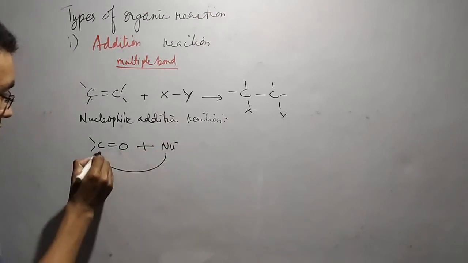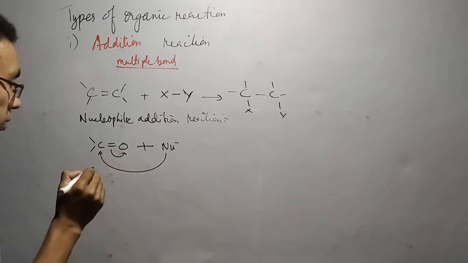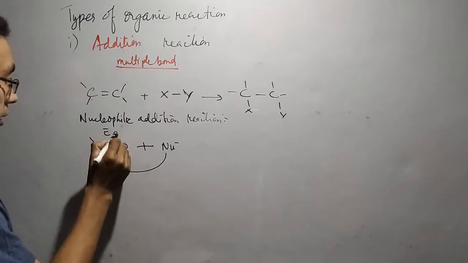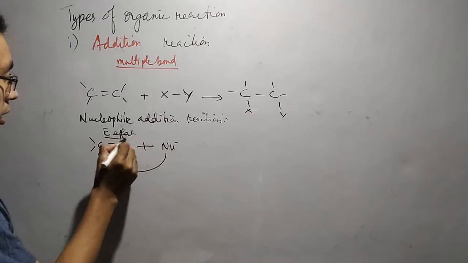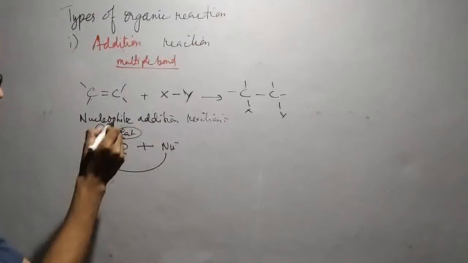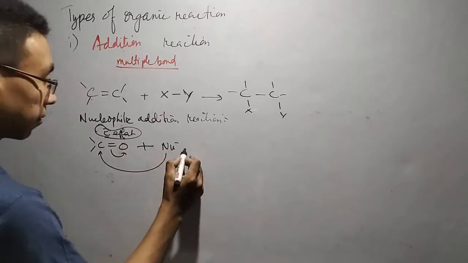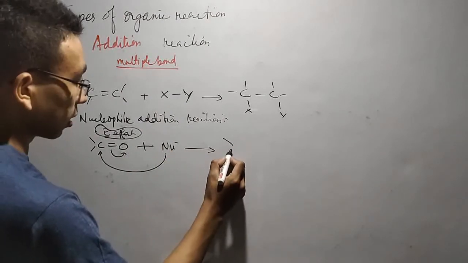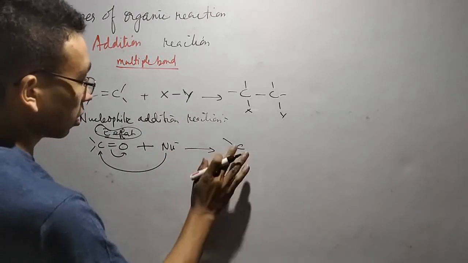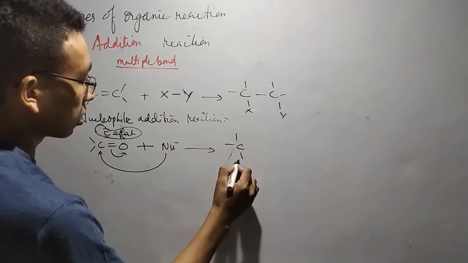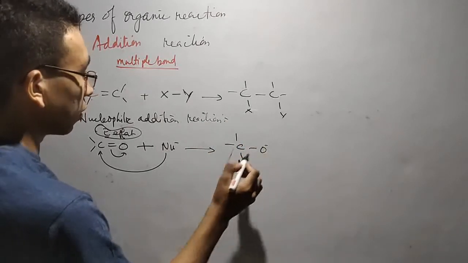Now this one will take here and this will be delocalized. So here the E effect, or electromeric effect, is taking place. Now I want you to go and study what is the electromeric effect. Then it gives like this, this is Nu and O minus.